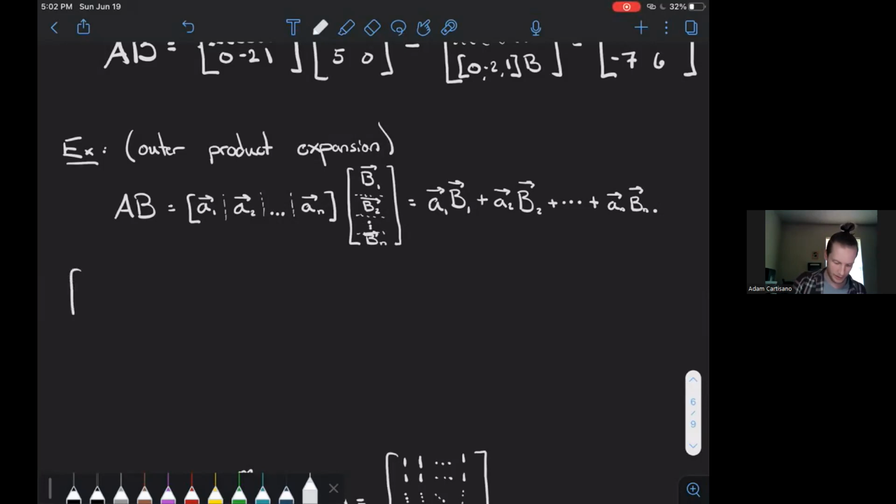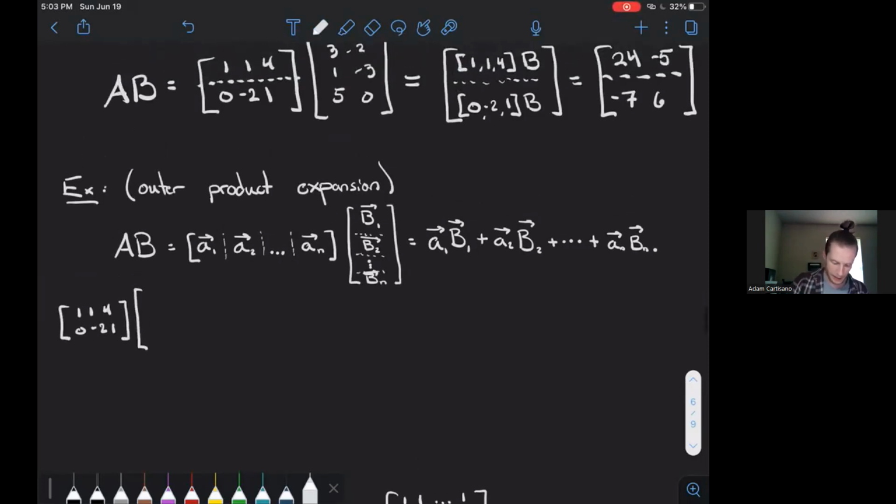So we had, I'm going to make this a little bit smaller, 1, 1, 4, 0, -2, 1 times 3, 1, 5, -2, -3, 0.